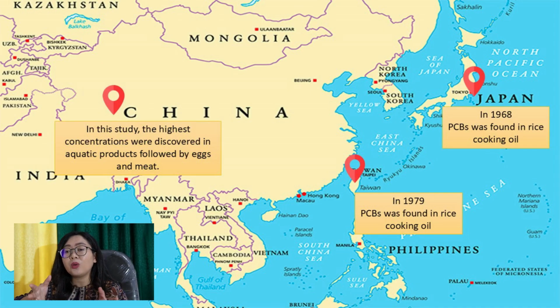So it's almost similar; the case in Japan and the case in Taiwan are almost the same. And in China, the highest concentrations of PCBs were discovered in aquatic products, followed by eggs and meat. So they also found PCBs in China, maybe years after the cases in Taiwan.